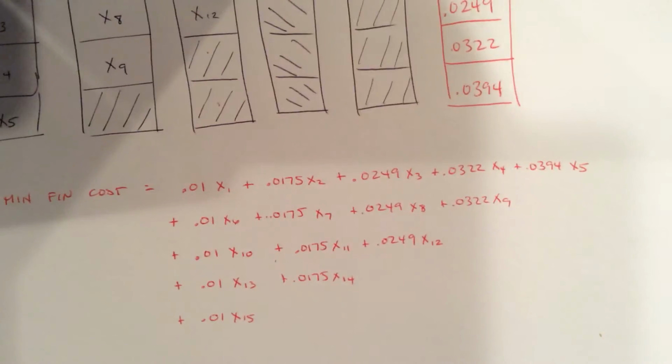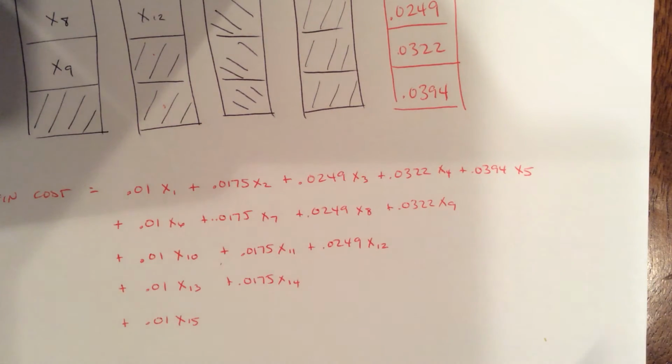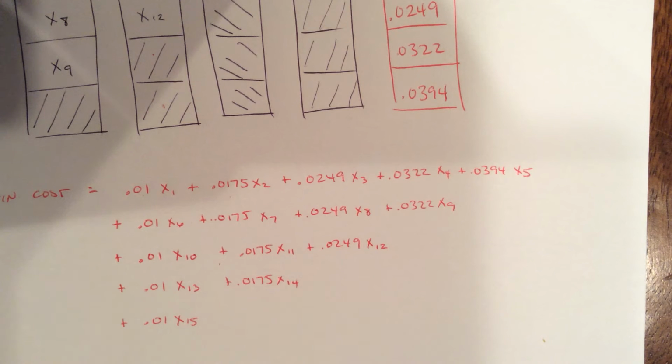And this here is our objective function. This is the financing cost, and we're trying to minimize the interest that we pay on the different loans that we take. All right, so now we've defined our x's. We have our objective function. Now we want to think of our constraints.